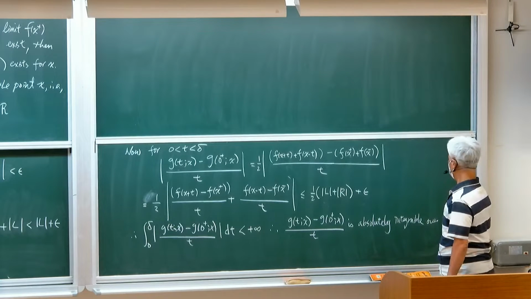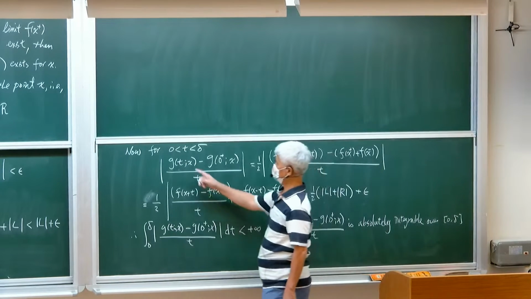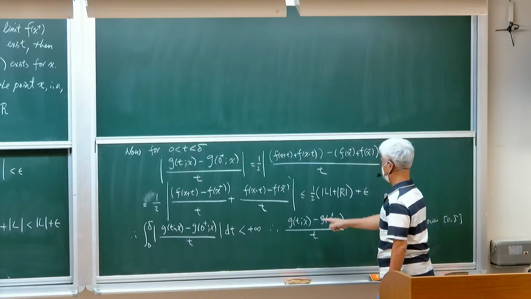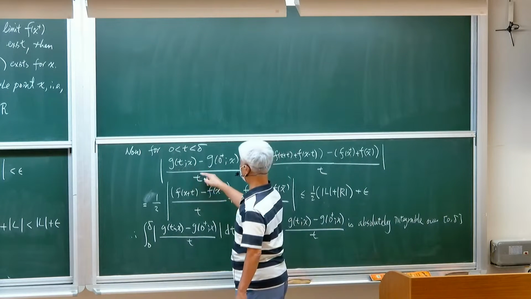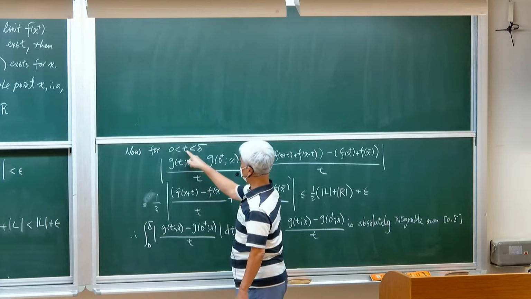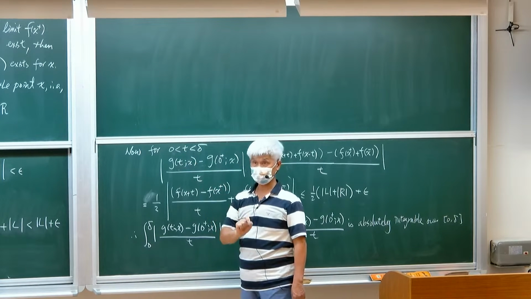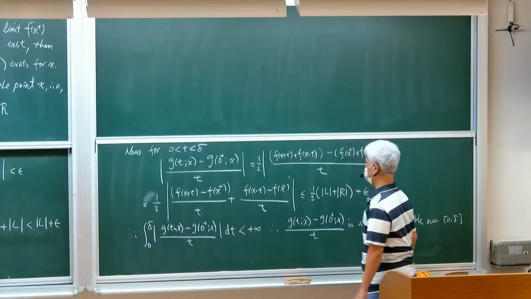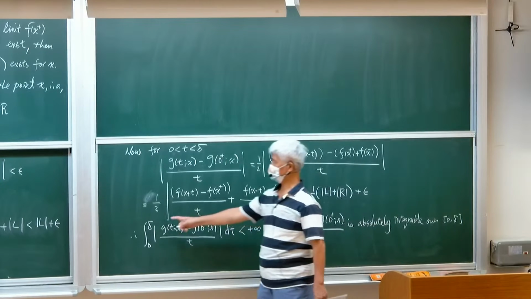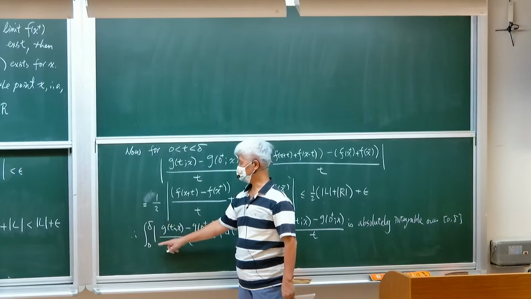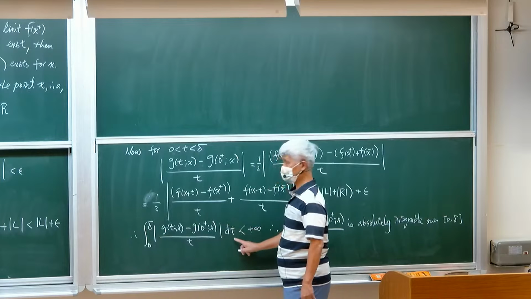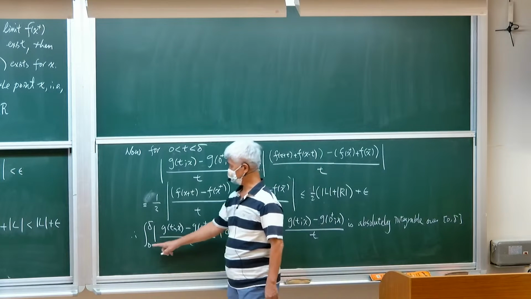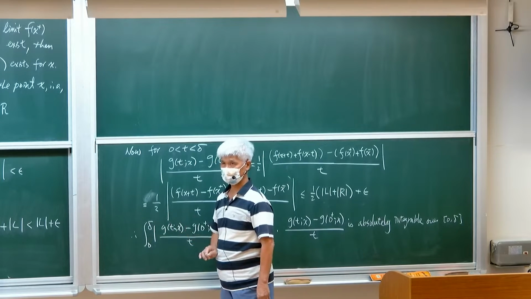And even though the value of the g function difference divided by t at t equal to 0 can be defined arbitrarily, it's not essential, because in terms of the integral, our integrator is dt, the infinitesimal t. So the two endpoints are not important.